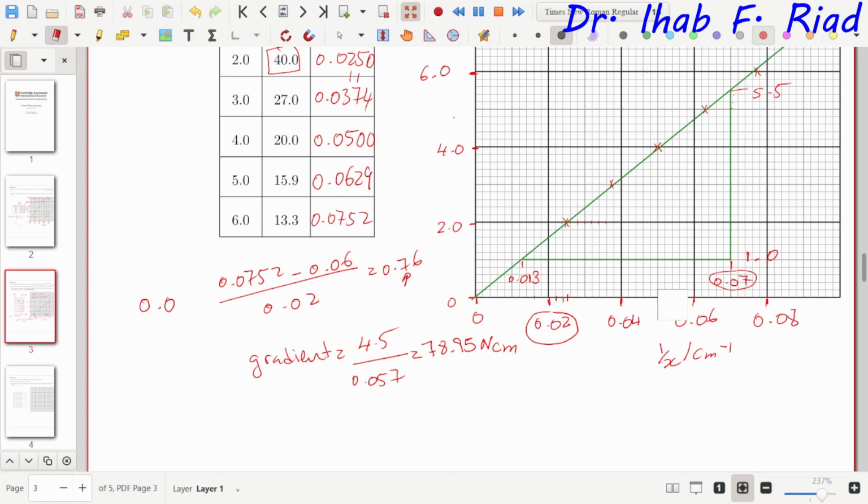This is 1 over X maximum. It is over here, and let us read the corresponding value over P over here. Okay, so it is going to be 1, 1.2, 1.4, 1.6.